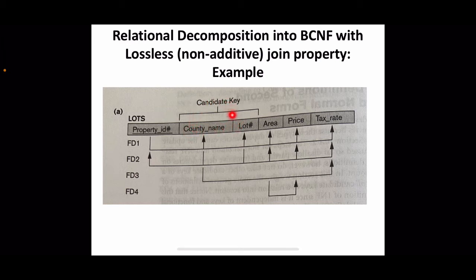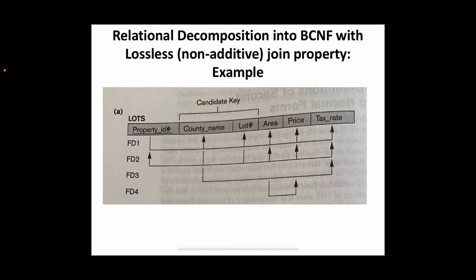The primary key is property ID, and county name and lot number together act as a candidate key. If we go through the different functional dependencies, the dependency county name determines tax rate violates BCNF.